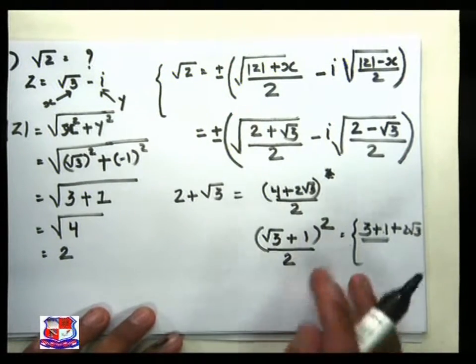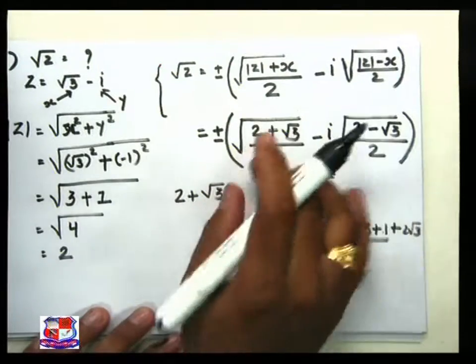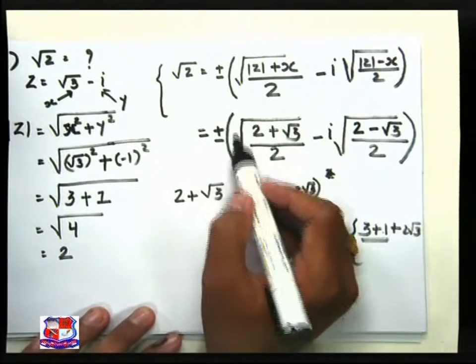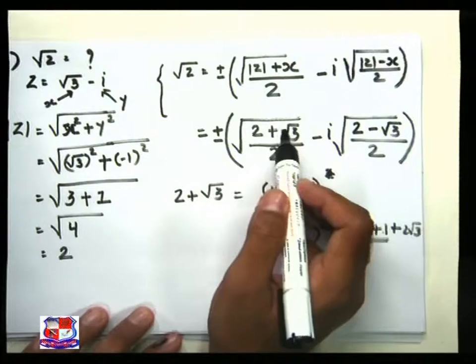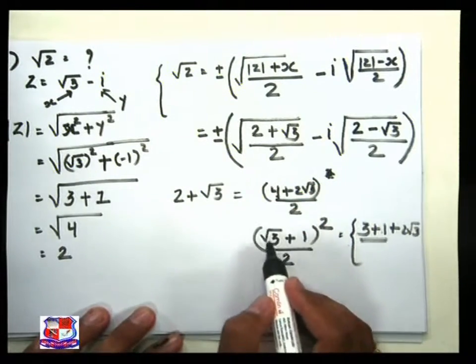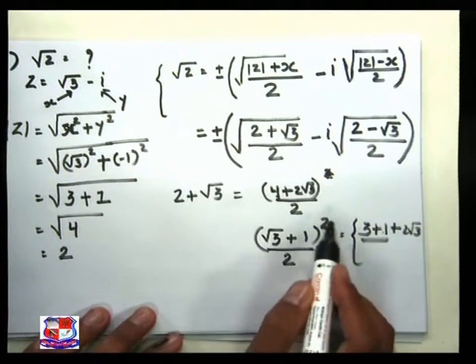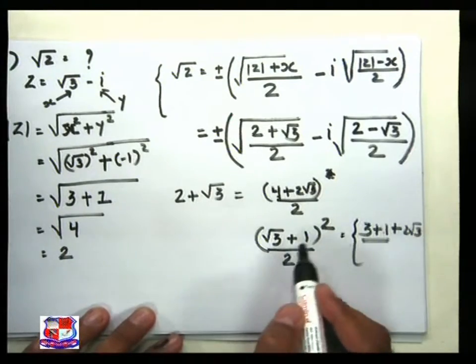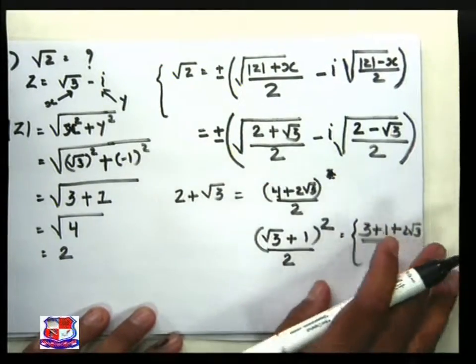Now replace this value into our main equation, under root of 2 plus under root 3. So 2 plus under root 3 now becomes under root of 3 plus 1 whole square divided by 2. So replace this value into this.